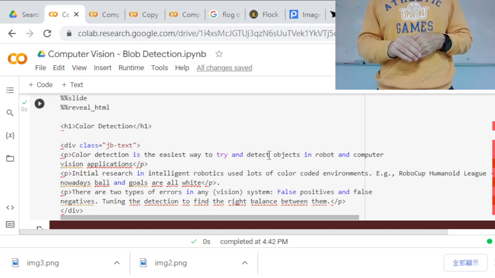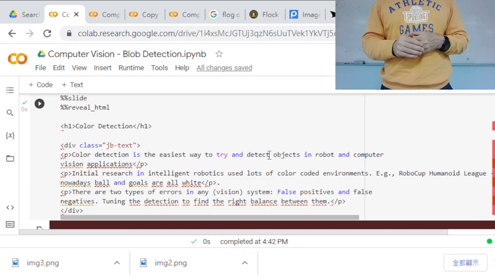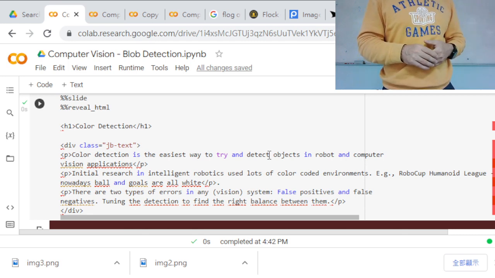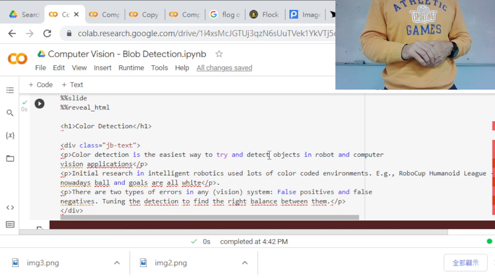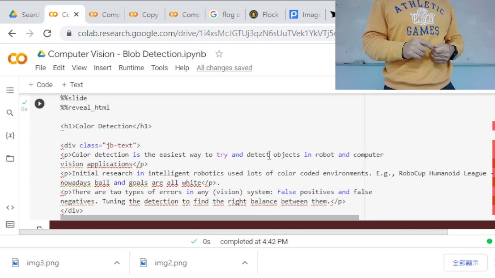Right? So if you're implementing some system for detecting somebody trying to break into your house, that doesn't happen very often.